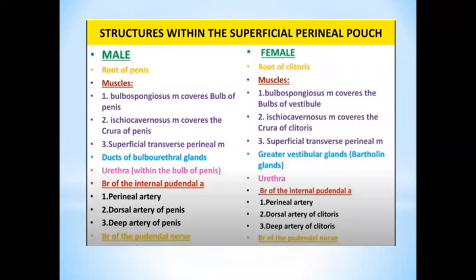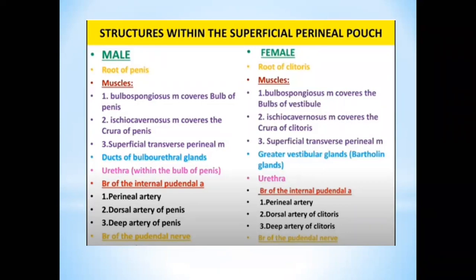The same kind of arteries supply the clitoris, again branches of the internal pudendal artery: the dorsal artery of the clitoris, the deep artery of the clitoris, and also the perineal artery. The nerve supply is also a branch of the pudendal nerve.